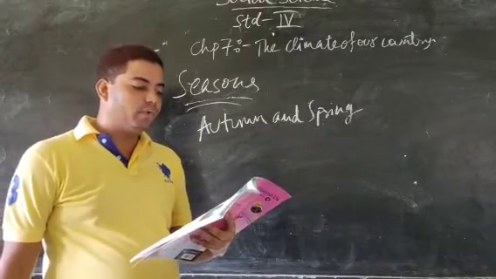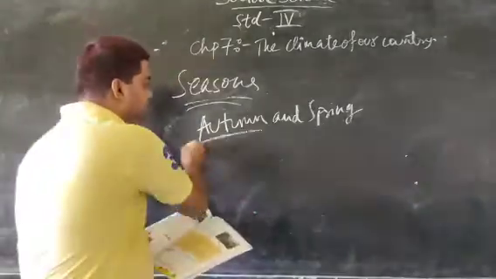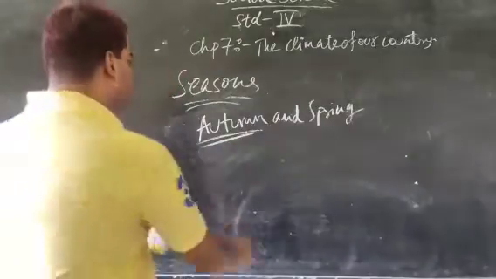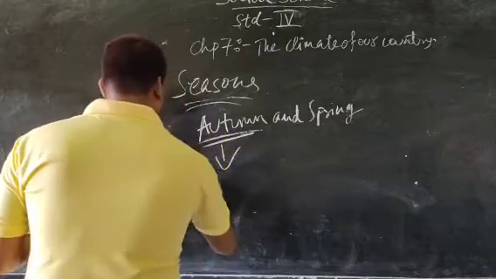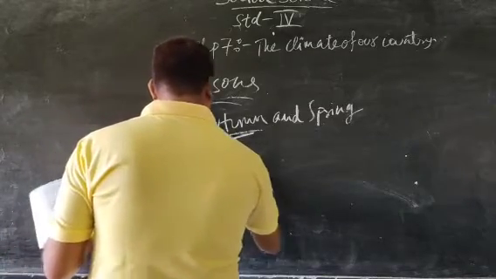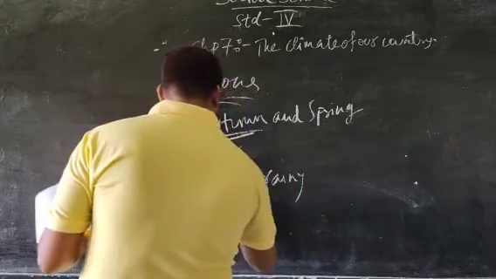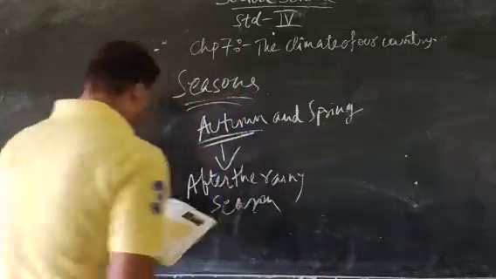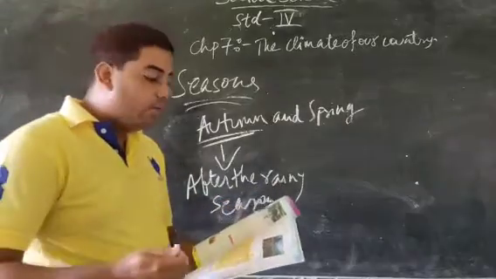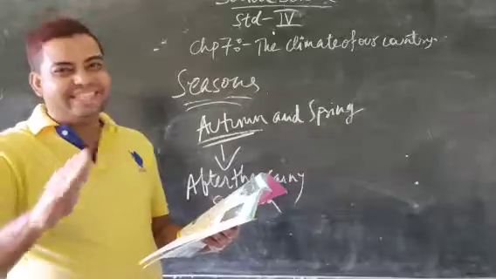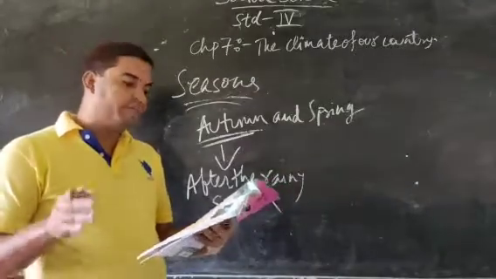It is a time when leaves fall from the trees. So autumn is a season which arrives after the rainy season, just before the beginning of winter season, and it is a time when leaves shed or fall from the trees.